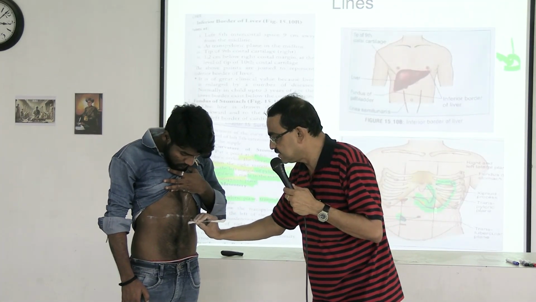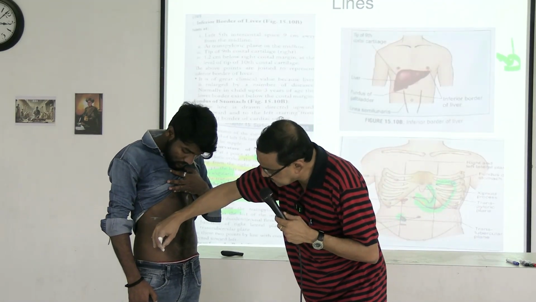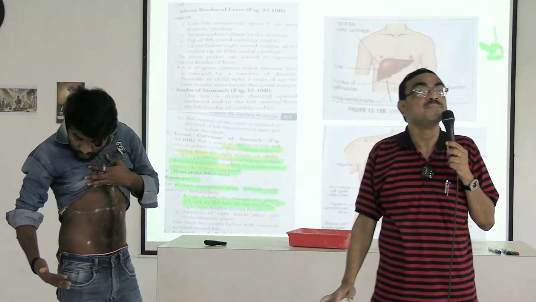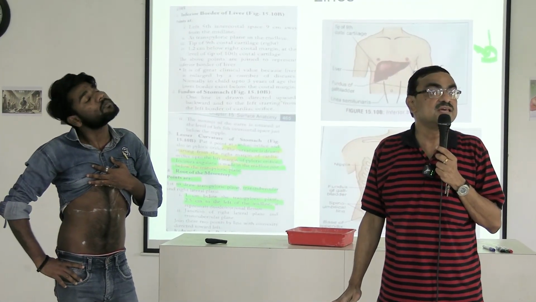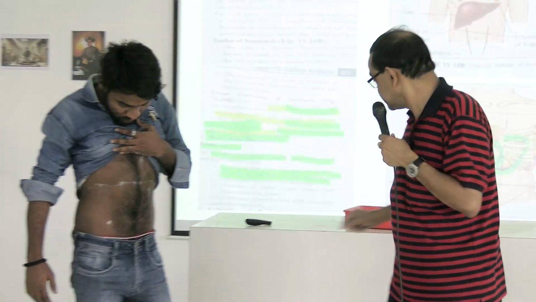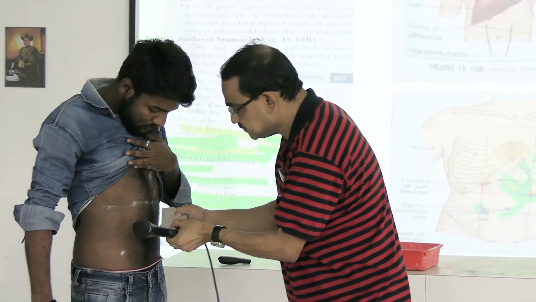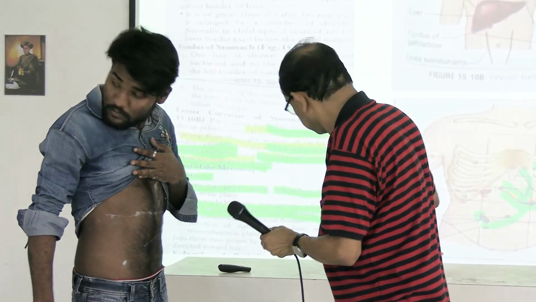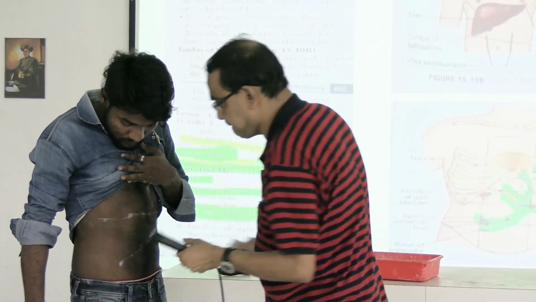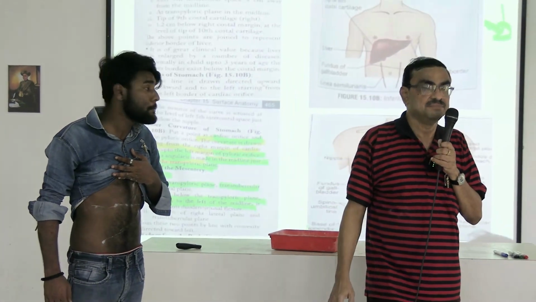If we join these two points with a curved line, that is the root of the mesentery.